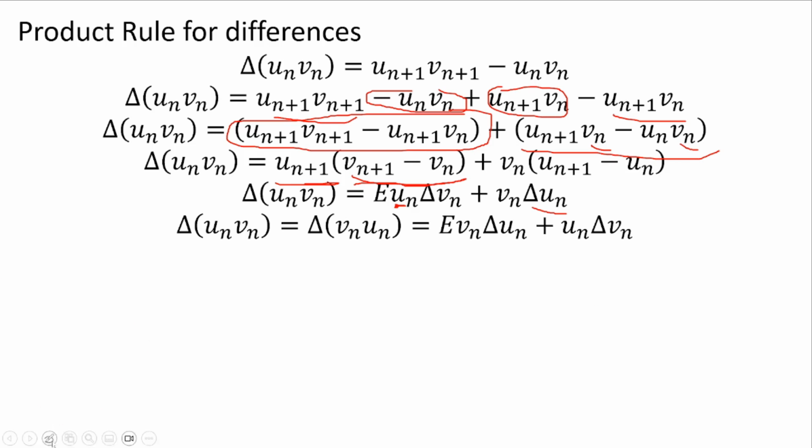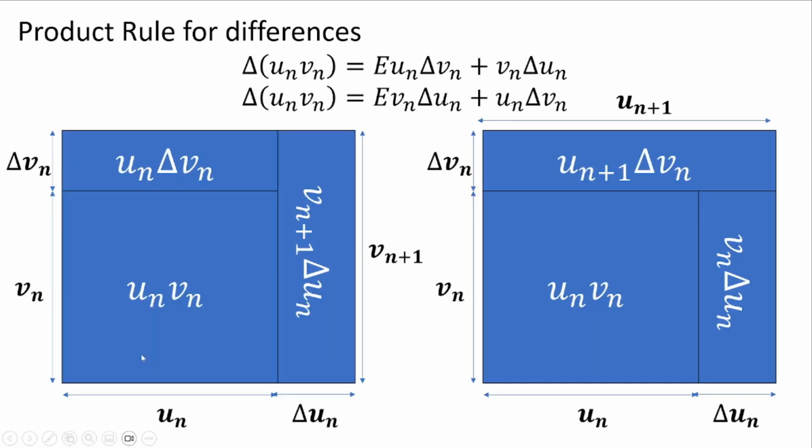This can be seen graphically as here. For delta of u_n v_n, we have here the first function which represents an area: u_n multiplied by v_n, that is why we represent it as a rectangle of area u_n v_n.